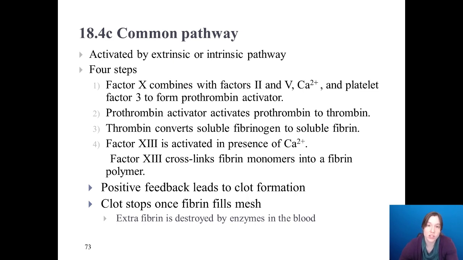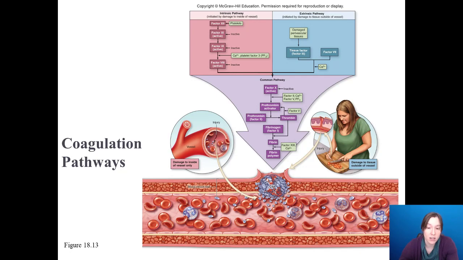And so this is just a lot of steps. So I want you guys to go ahead and write out the steps, and there's a good image in your book that we can look at right here. This is going to go through both the intrinsic and the extrinsic pathways, and then also the common pathway. And remember, we talked about how calcium and platelets are important for all the different portions of this.